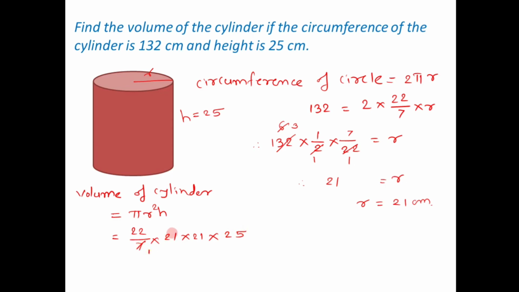If we divide again, we get 7 threes are 21. Now if we take a product of all these terms, 22, 3, 21 and 25, the final product would be 34,650 centimeter cube or cubic centimeter. So this is the volume of the given cylinder.